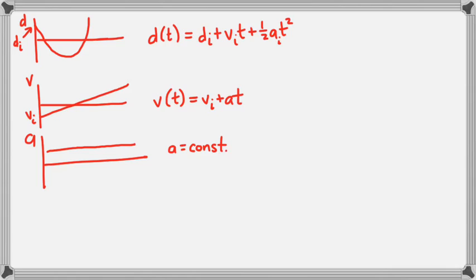So we're going to use these two formulas to predict, find velocity, displacement, and time of objects that are under constant acceleration. And usually the best example of objects under constant acceleration are those things that are under gravity.